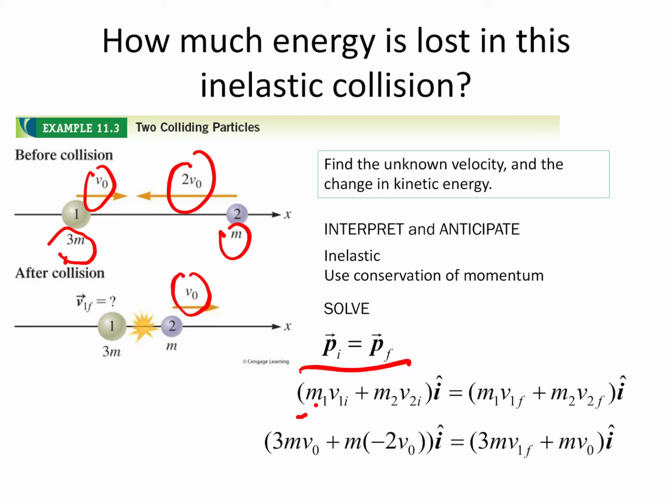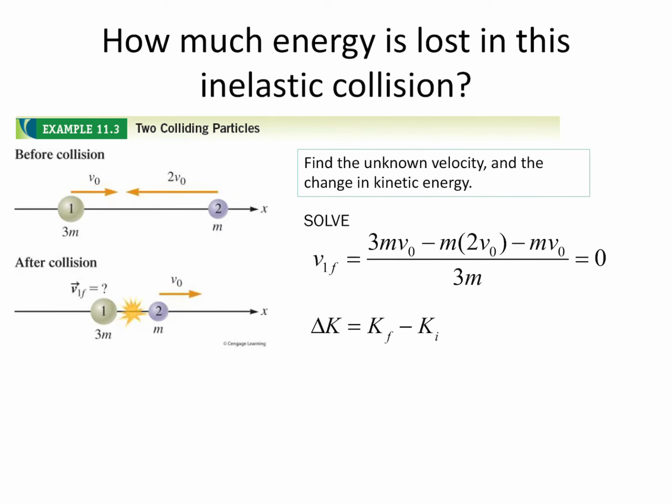This time, because we choose right to be positive x, the initial velocity of object 2 is negative 2v0. The final velocity of object 2 is v0. We need to solve this. You have one equation with one unknown variable, so you just need to do some algebra to find it.